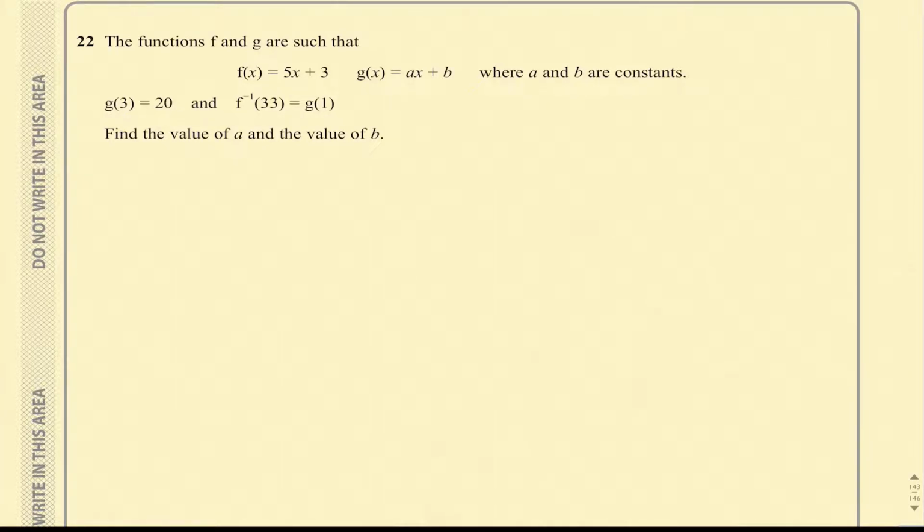So to find the constants a and b, we need to rewrite this. g(1) is a plus b. We're given that. We also know that g(3) equals 20.